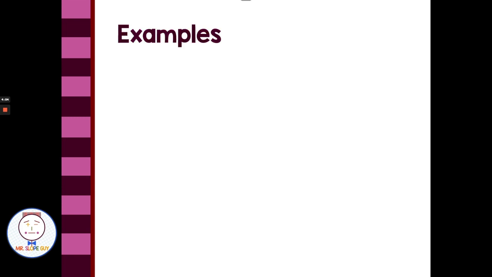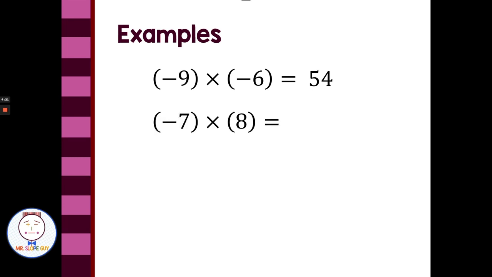Now let's mix them up. Let's look at some that you'll see on assignments where you have them all mixed together. In this case, are the signs the same or different? Well, they're the same. They're both negative. So our answer is going to be positive. 9 times 6 is 54. Are the signs the same or different? Well, I have a negative 7 and a positive 8, so the signs are different. So we'll have a negative answer, negative 56.